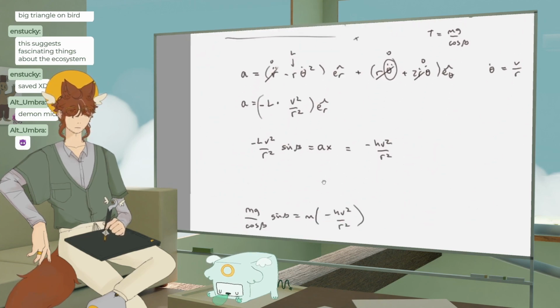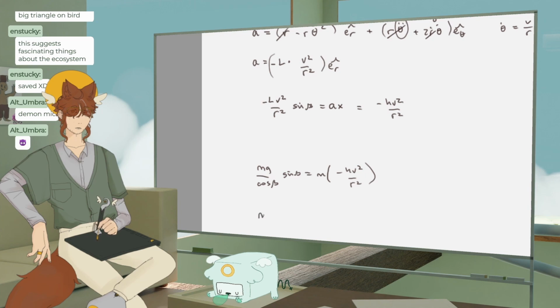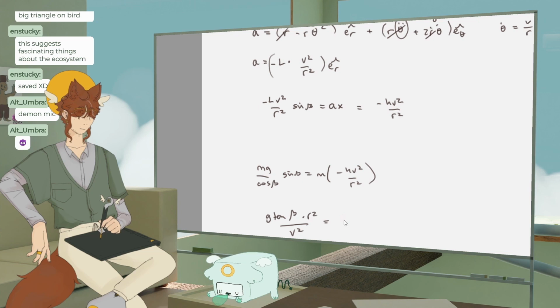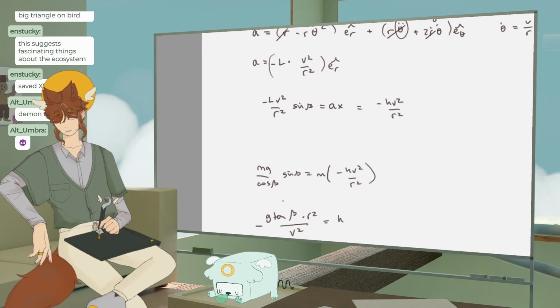We want that, so that's fine. We get rid of the m. Mass doesn't matter. Tan beta times R squared over V squared equals h. It's a negative value, which, would that make sense?